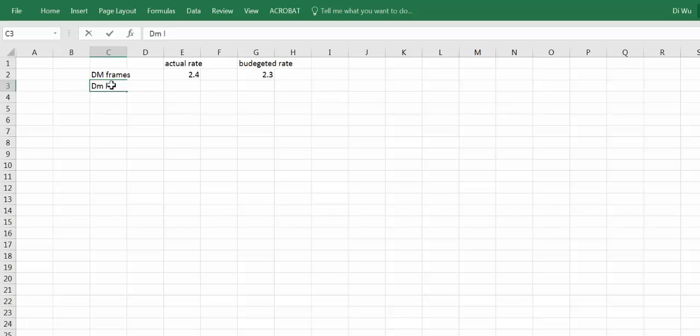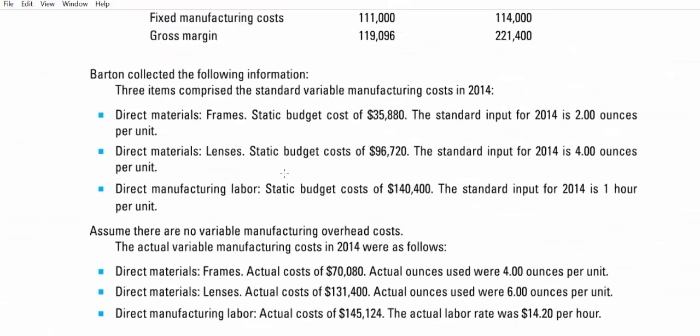So it's going to be similar, right? For the actual rate, we're going to divide this budgeted cost by 4.0 ounces, then divided by 7,300. Oh, sorry, this is actually static, so we divide this number by 4.0 by 7,800. Then for the actual ones, this number divided by 6 by 7,300.